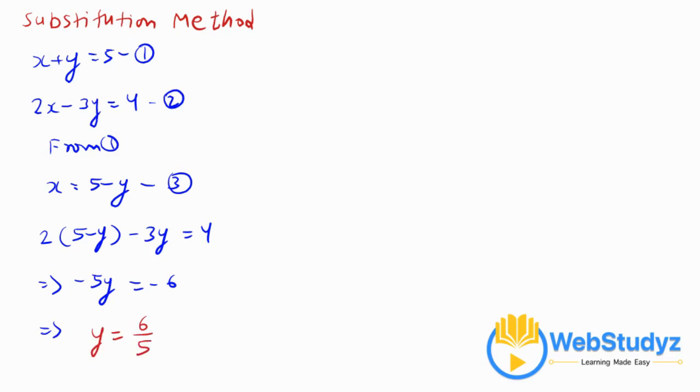Now if we put the value of y into the first equation, we get x plus 6 by 5 is equals to 5. Solving this we get x is equals to 5 minus 6 by 5, and this previously gave us the value x equals to 19 by 5.